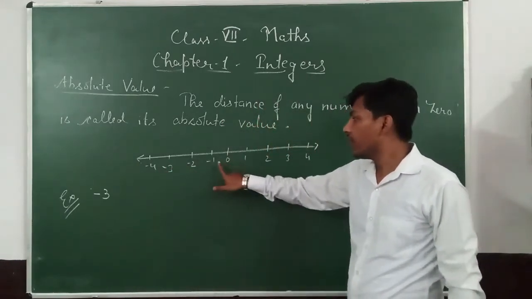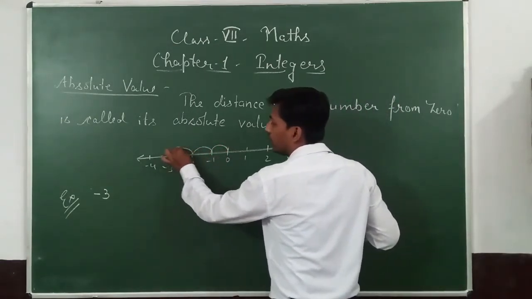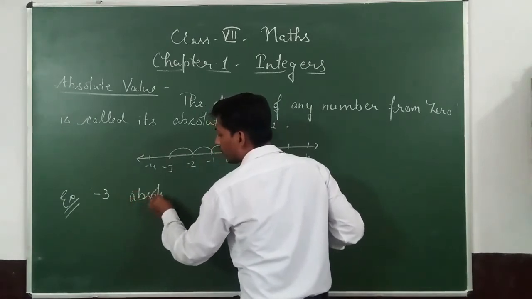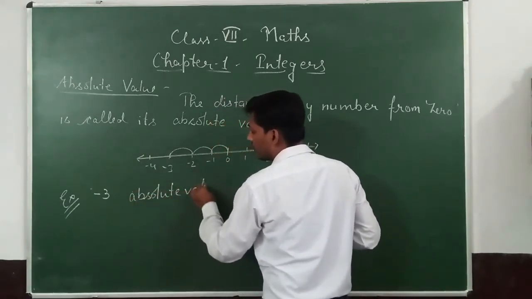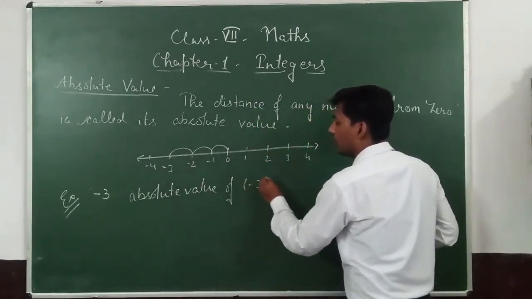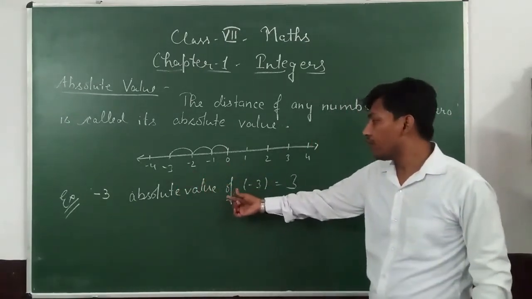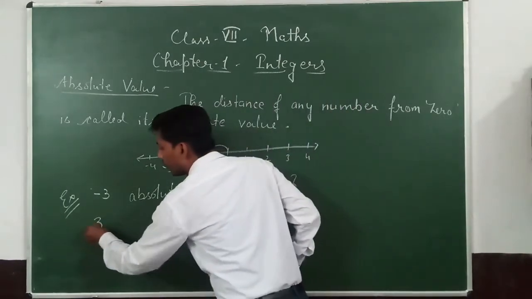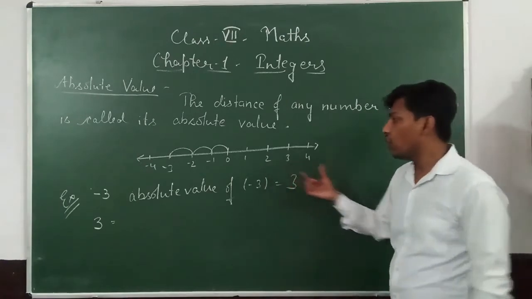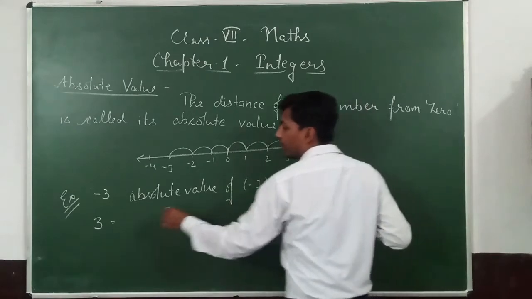The distance from 0 is -1, -2, -3. How many steps? 1, 2, 3. So the absolute value of -3 is 3. Now if we find the absolute value of 3, 3 is also 3 steps from 0, on the right side of 0. So the absolute value of 3 is 3.